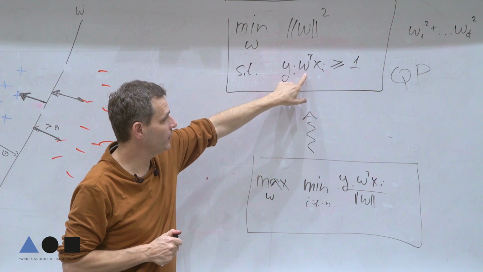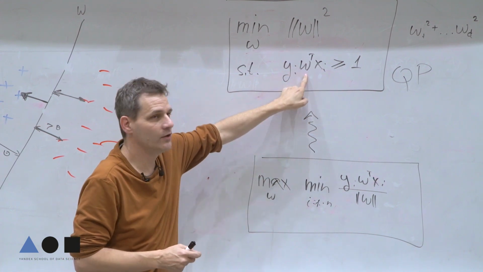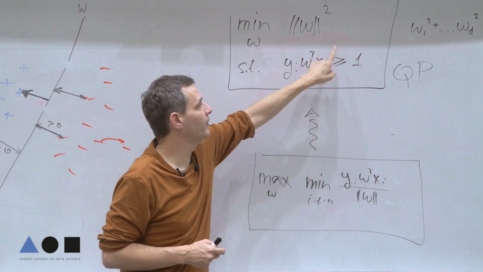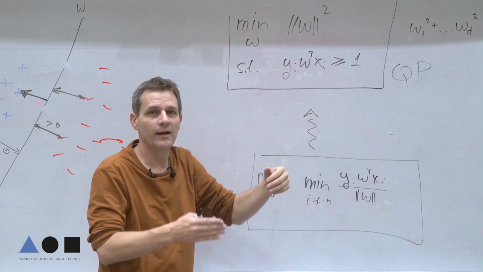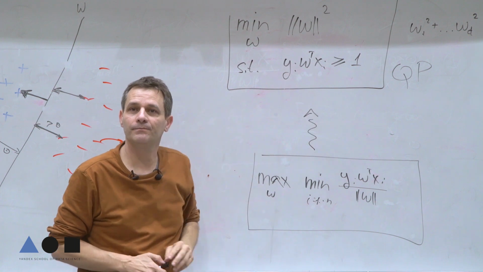So xi, yi are the numbers, and w is your unknown parameters. And what obeys this linear constraint? This defines a half space that obeys this, right?